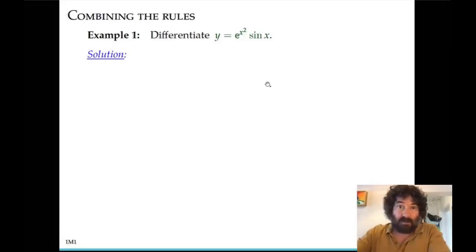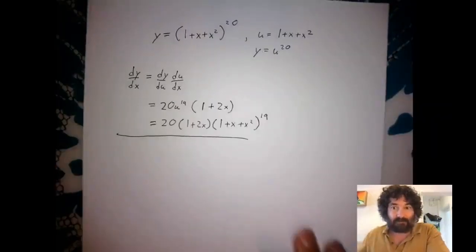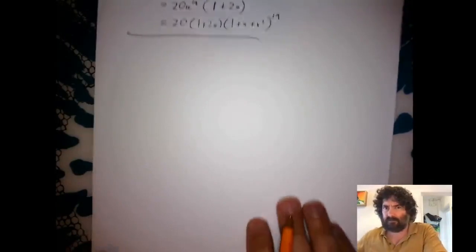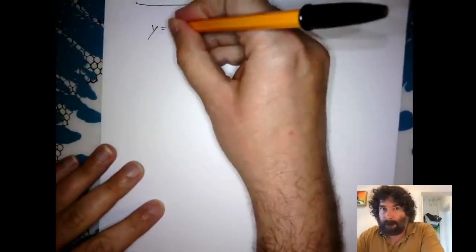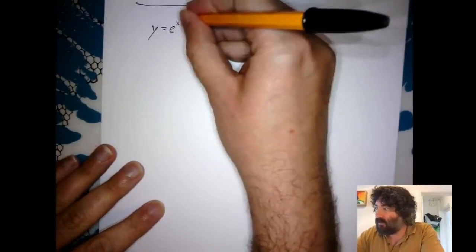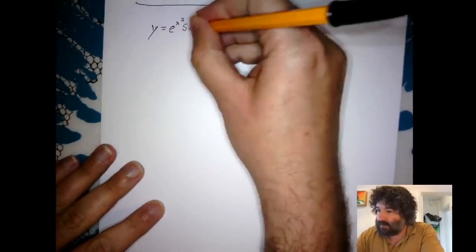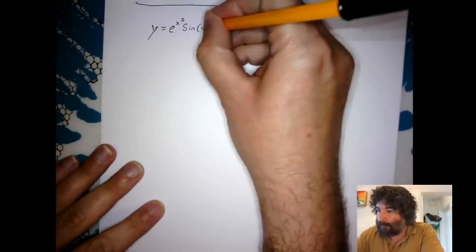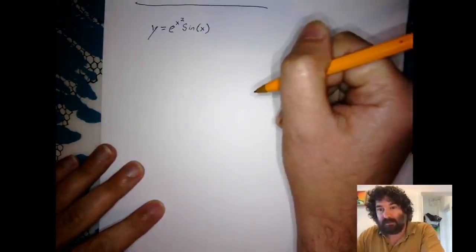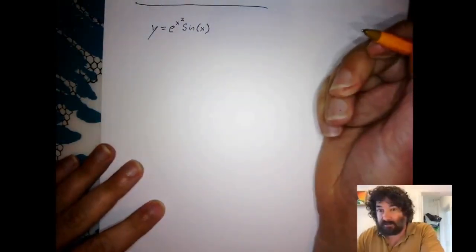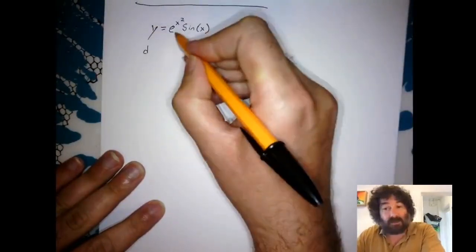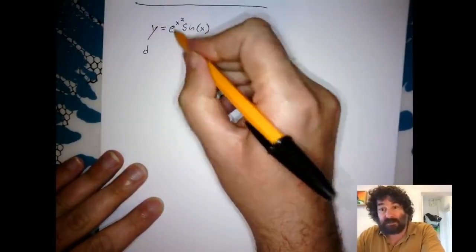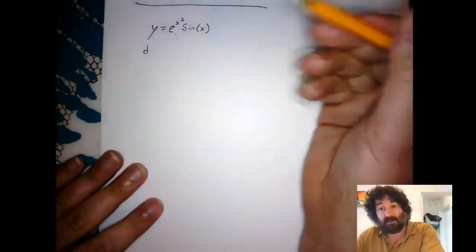And so we have y equals e to the x squared times sine x, and we want to take the derivative of this, dy/dx. You first notice it's a product of these two terms, e to the x squared and sine x.